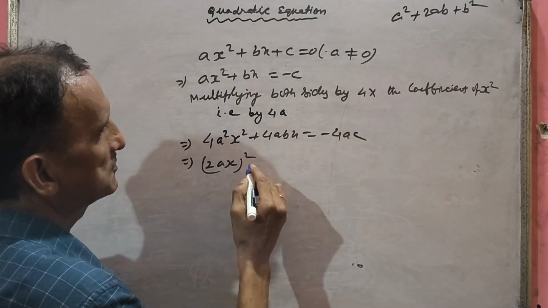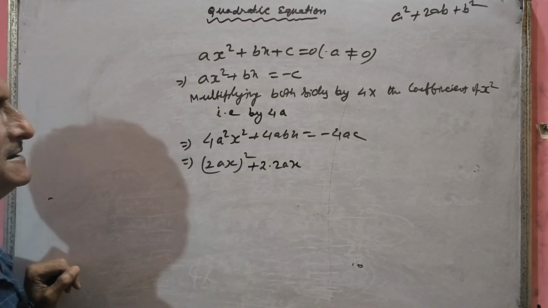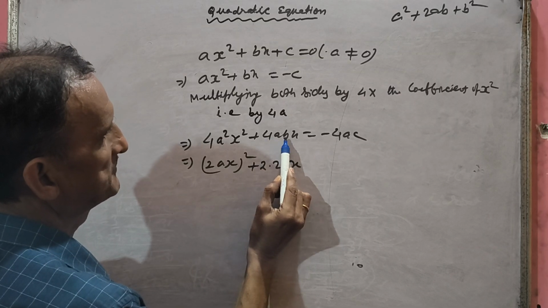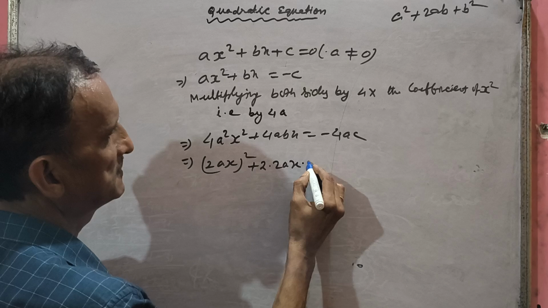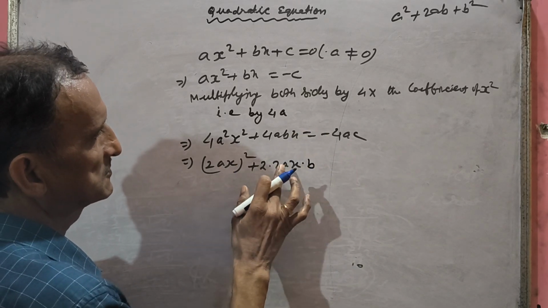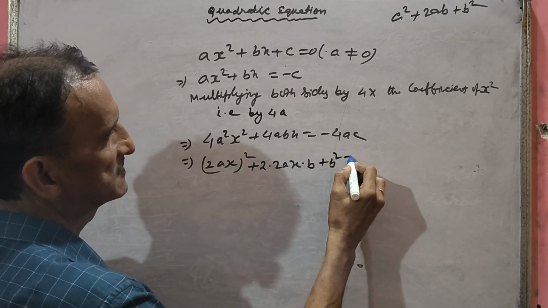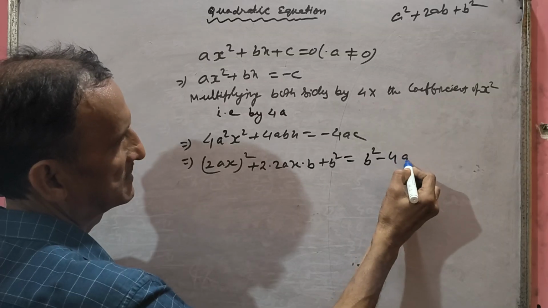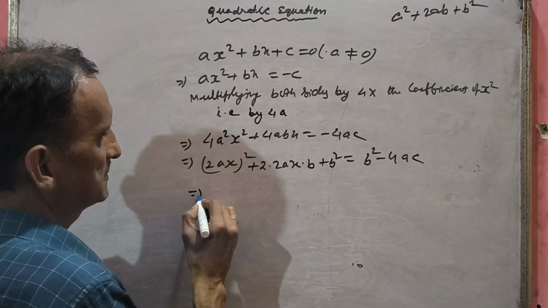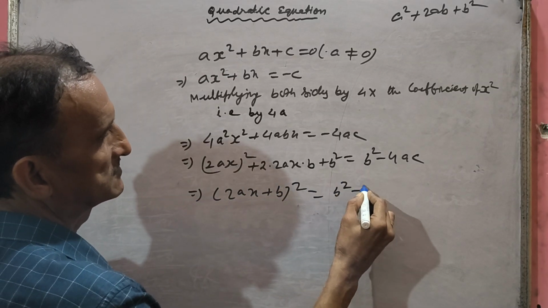So what should we have? 2 into a, so 2 into twice ax, that is 4ax. b is not written, so we have to write b. We can't write less than this. So this is a square plus twice ab, and then it should be b square, which is not here. So it is extra added, so this side also b square minus 4ac. Now from here we have twice ax plus b whole square, and this is b square minus 4ac.